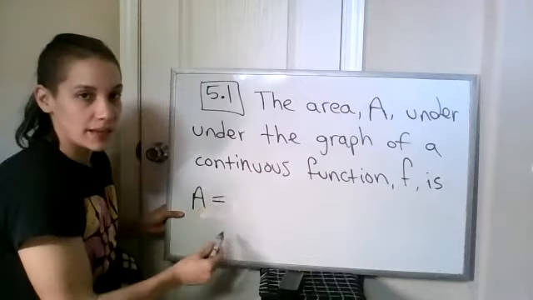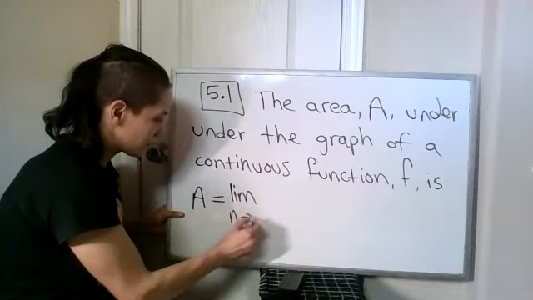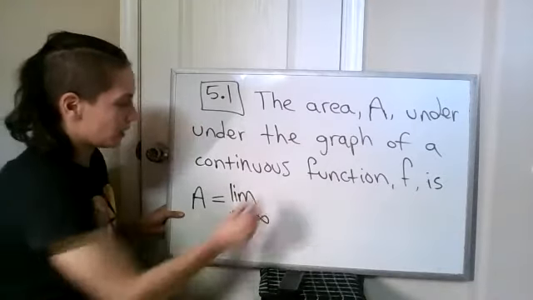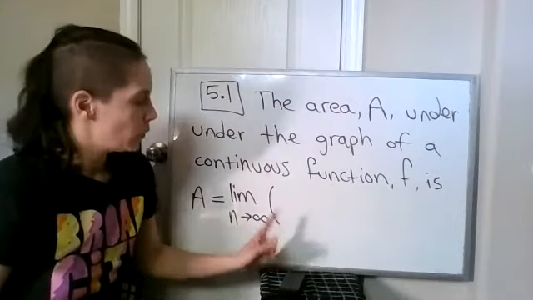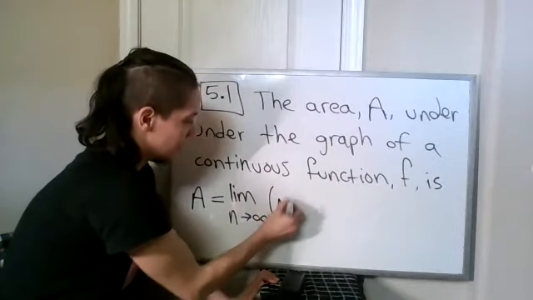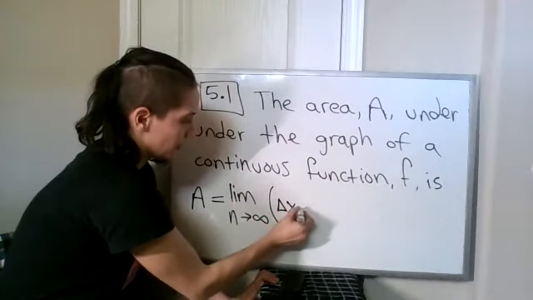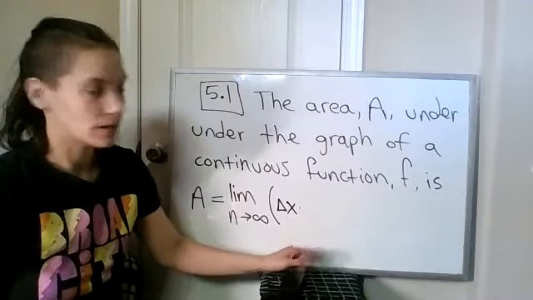the limit as n goes to infinity of a bunch of rectangles where you have a width delta x multiplied by your height f of x sub I star.